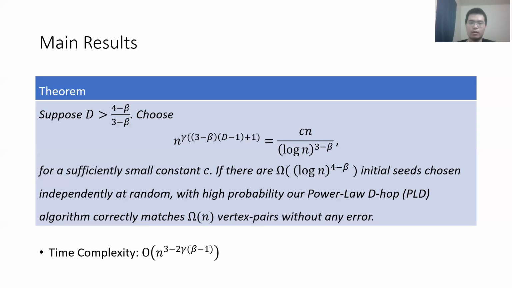The total complexity of our algorithm is n to the power of 3 minus 2 times gamma times beta minus 1.